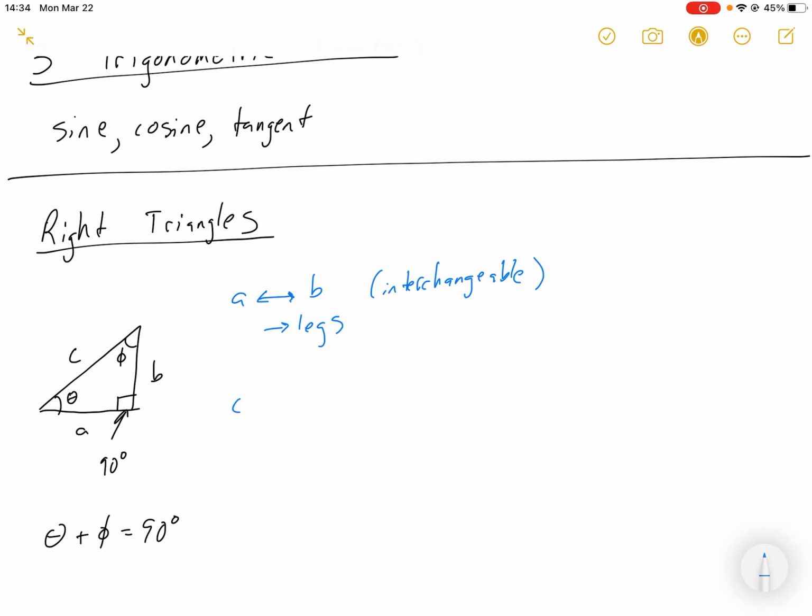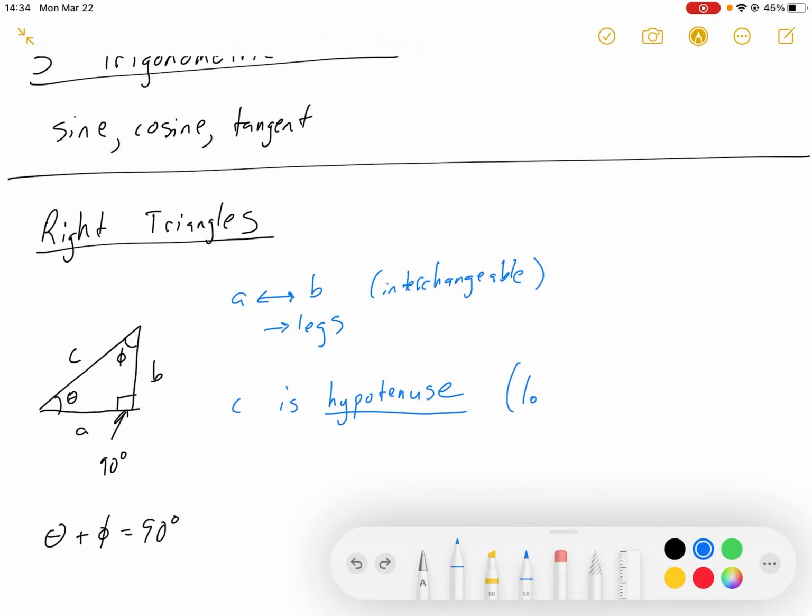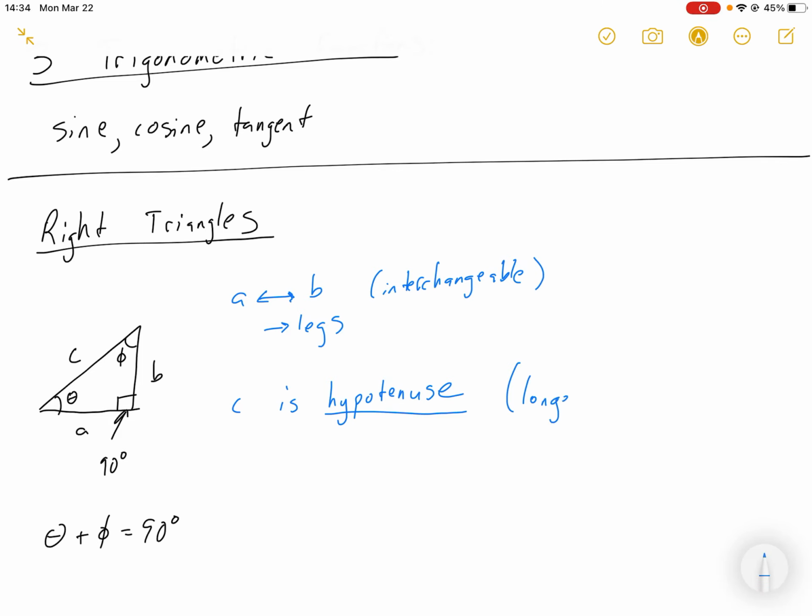C, however, is important. C is called the hypotenuse. In all the formulas I use, C is the hypotenuse, and this just means the longest side. Sorry, that doesn't look great. Let's go ahead and rewrite longest side.